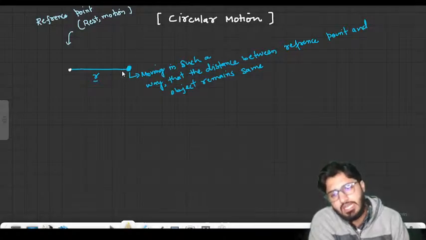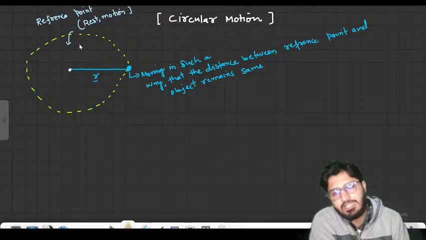So it will describe its motion in a circular way. Why? Because only in a circle is the distance between the circumference and this particular point constant every time.